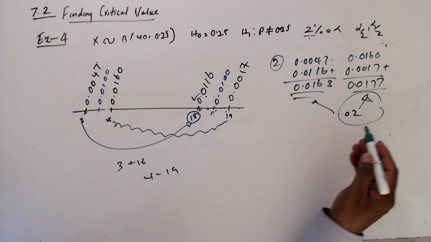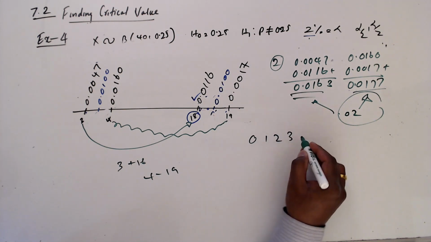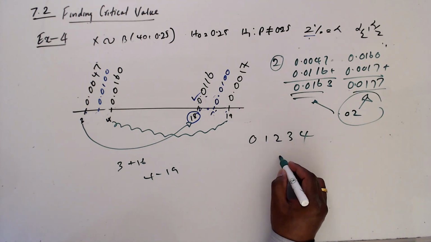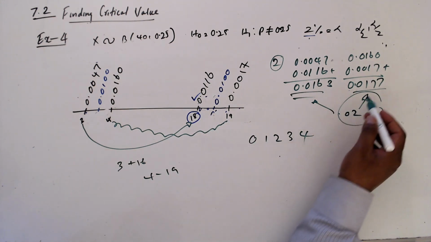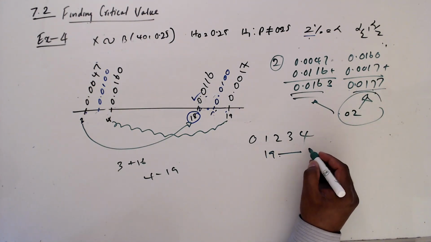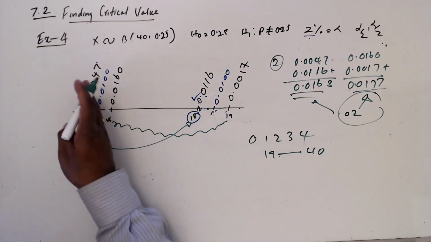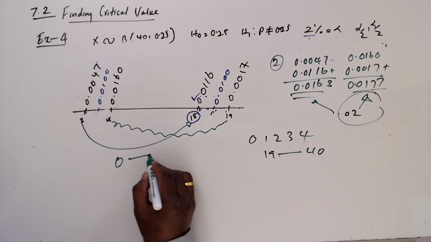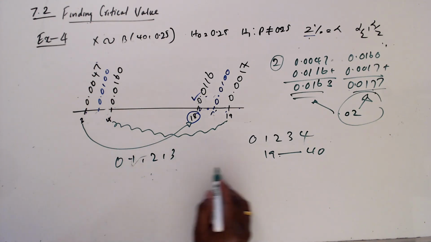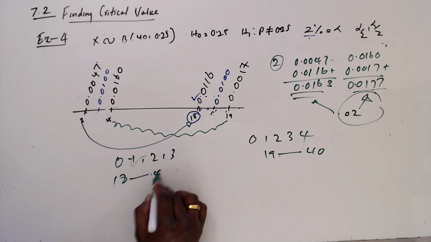Then according to this selection, the critical region is 0, 1, 2, 3 and comes to 4, and then again 18. We drop 18 here, and 19 to 40. Right. So if we previously discussed the much closer one, then we stay with 0, 1, 2, 3, and 18 to 40.